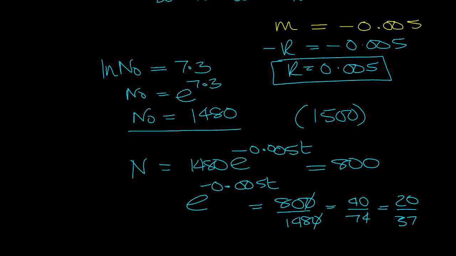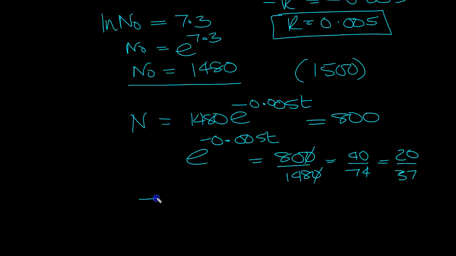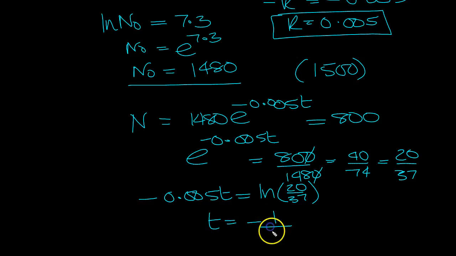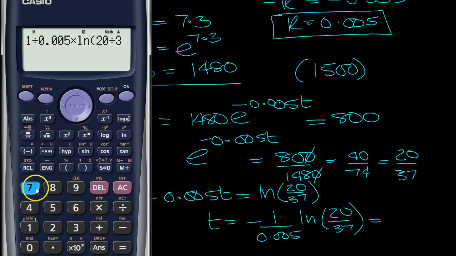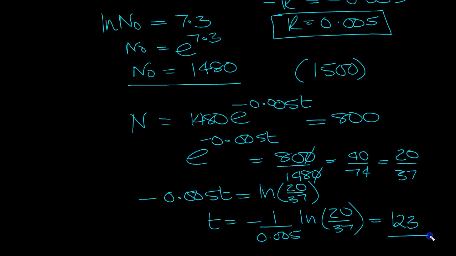Okay, good. So therefore minus 0.005t is equal to, take logs, ln 20 over 37, so t will equal minus 1 over the 0.005, just put the minus up above, ln of 20 over 37, so 1 divided by 0.005 times natural logarithm of 20 divided by 37 equals minus, but there's a minus here, so it's 123 to the nearest unit.